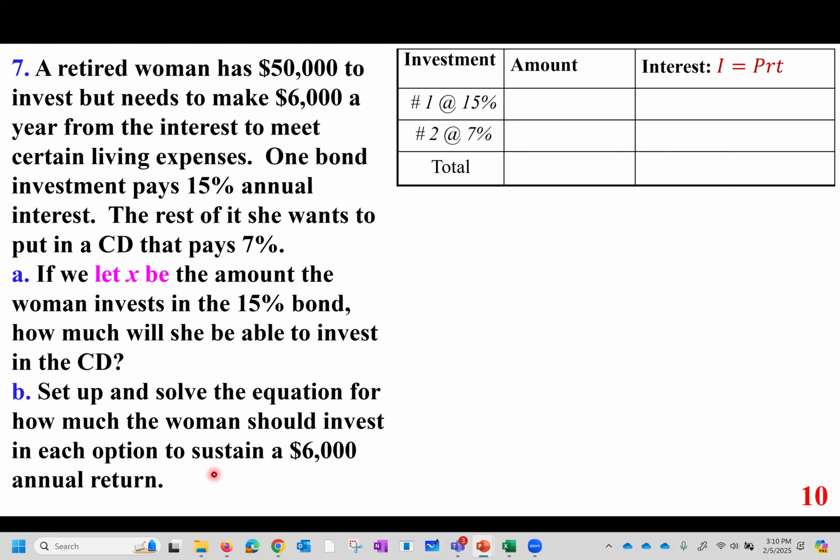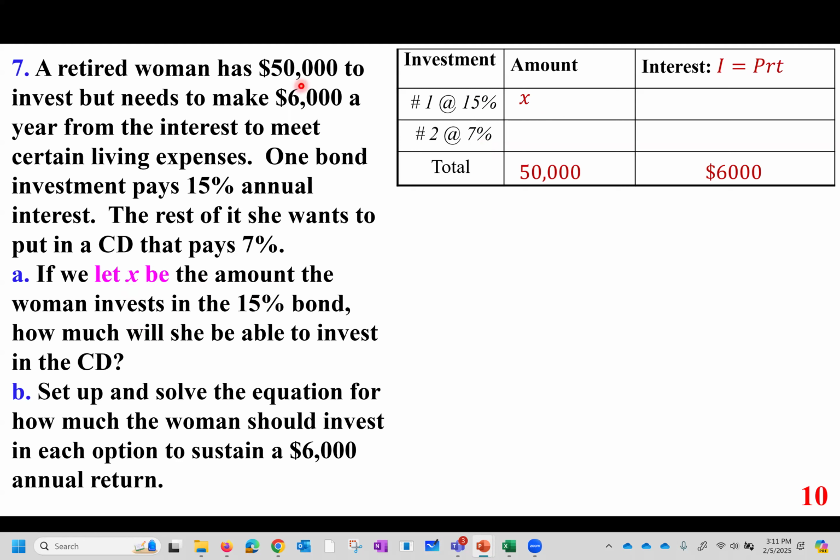In this case, case number 1 is at 15%, case number 2 is at 7%. And we are going to go with the interest formula that everybody should know, I equals PRT. Let x be the amount that we're going to put in at 15%. So put the x here. What about 50,000?